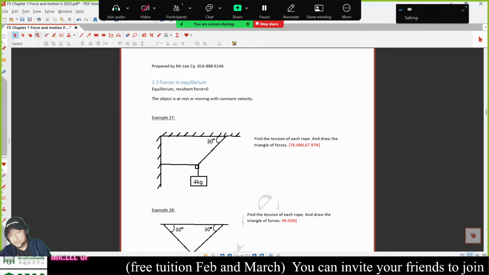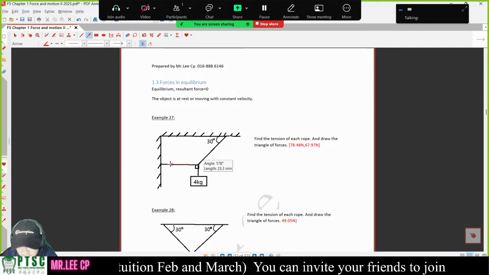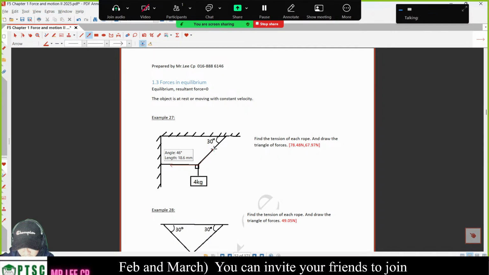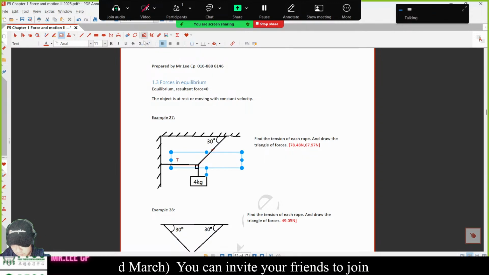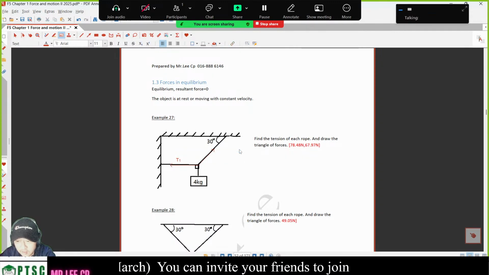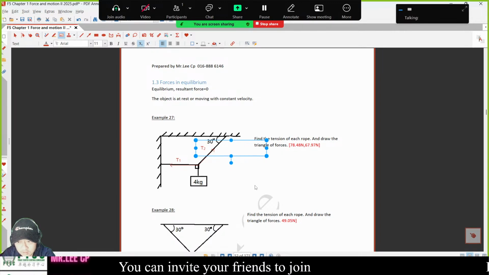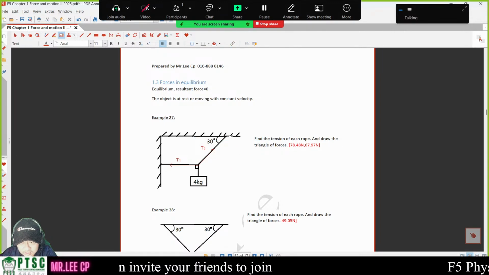So here is a force, and here is another force. I call them T1 and T2, tension 1 and tension 2, because it is a rope. Up to you which one you want.